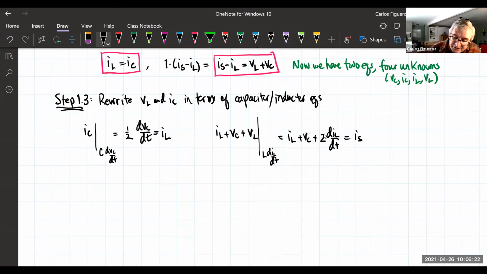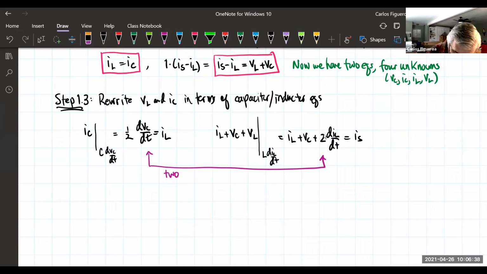So now look what you see here. We started off with 2 equations and 4 unknowns. Now, what you're seeing here is that here and here, I now have 2 equations and 2 unknowns.